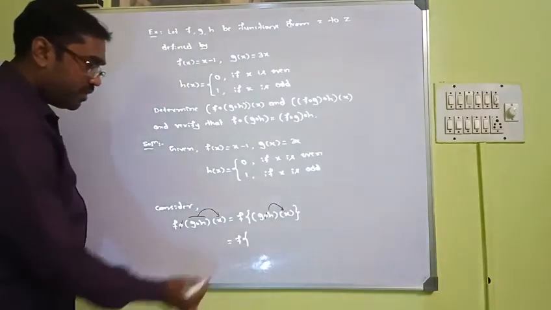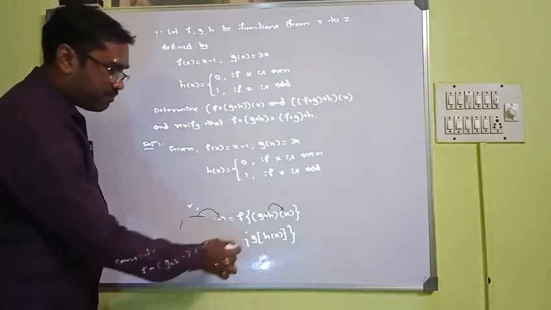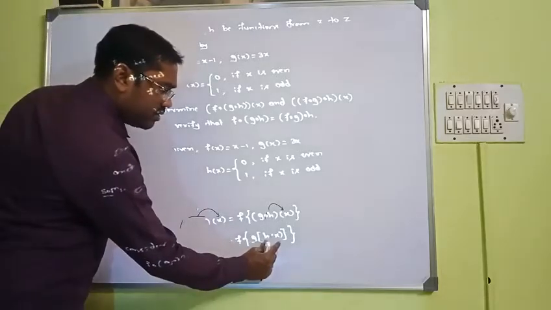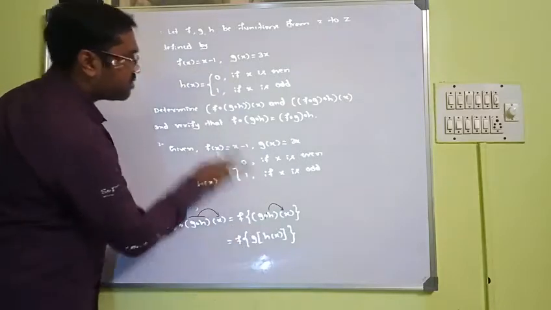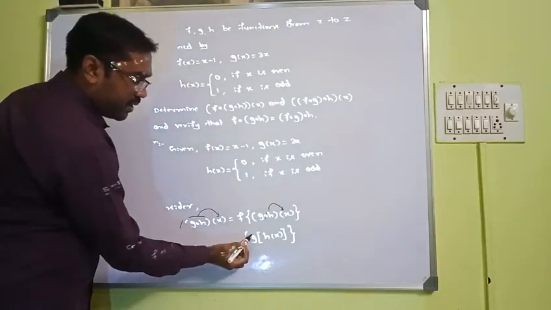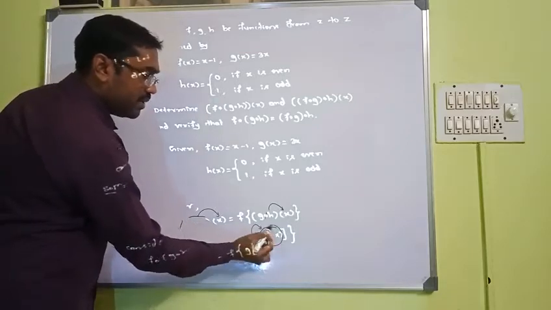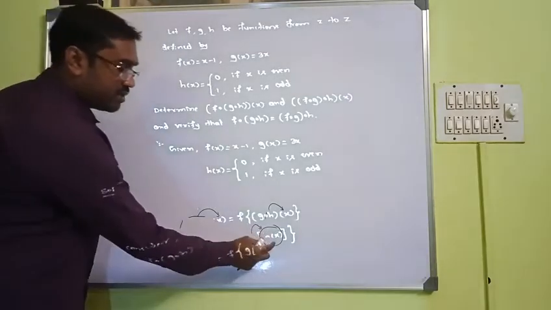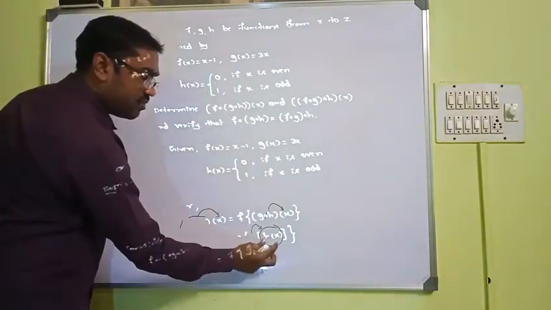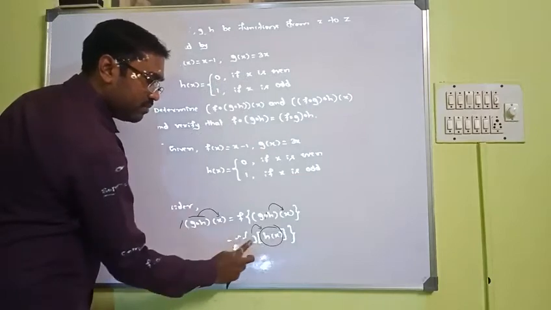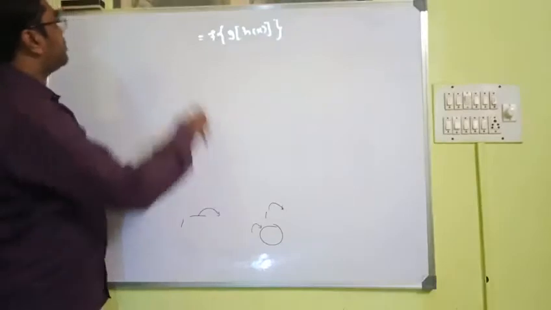Since h of x is a somewhat complicated function, not so simple, let us apply g on h first. Let us not substitute h of x as this now. Considering h of x as one element, let us apply g on this element. What is g? Let us see.